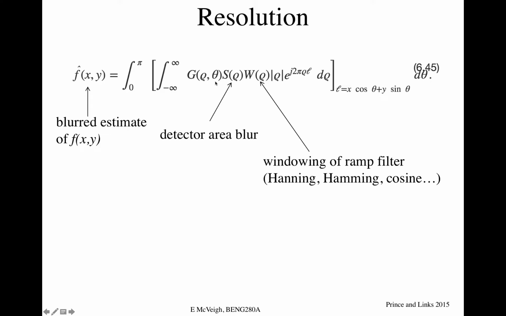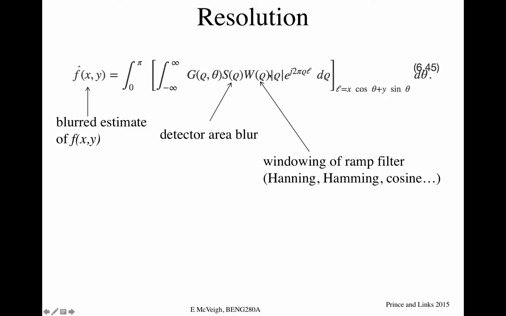So here's the underlying true Fourier transform, and two factors are going to happen here. We've got the ramp function, which is required to do this Fourier transform via the Jacobian.